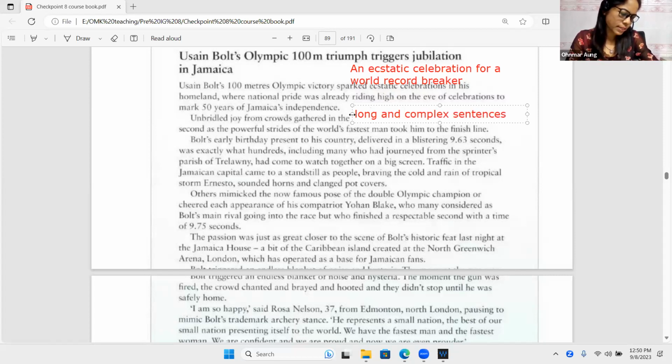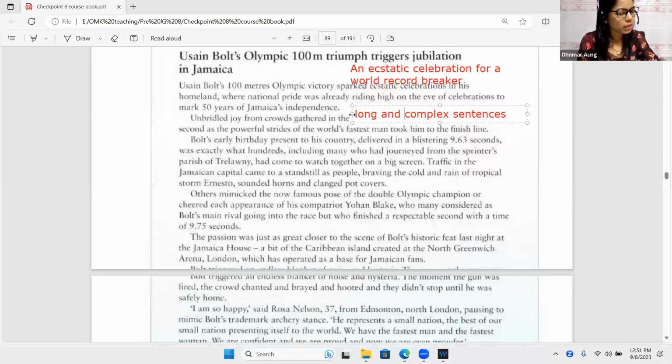Long and complex sentences. What else? Less dialogue. Less dialogue. Yes, you are right. Can you see some spectators' views? There aren't a lot of dialogues, but there are some dialogues.